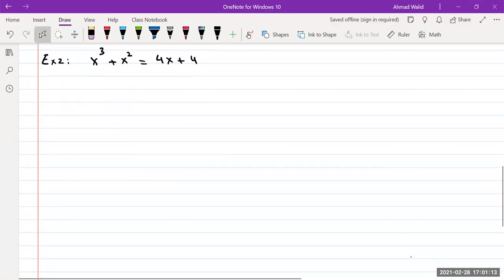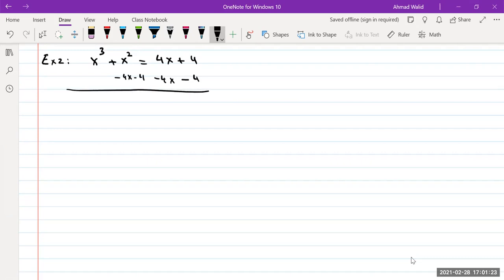Make one side 0, correct? It means subtract 4x and subtract 4 from both sides. Then x cubed plus x squared minus 4x minus 4 equals 0.